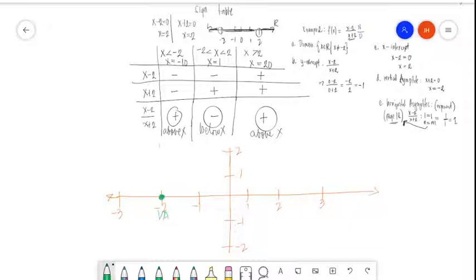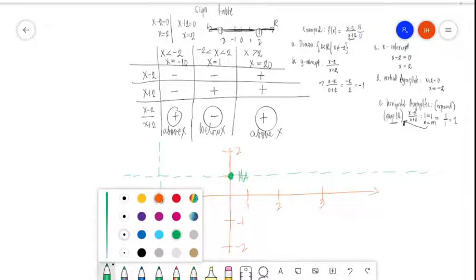I can make a broken line here, supposing that it is a straight line. Then the horizontal asymptote is positive 1, and since it is horizontal, I can make a horizontal broken line. So we can now see our vertical and horizontal asymptotes.